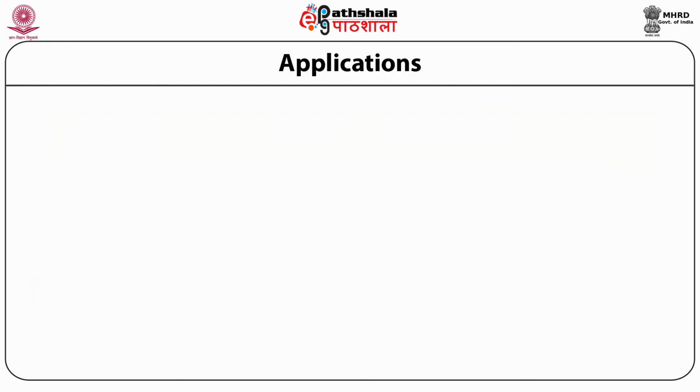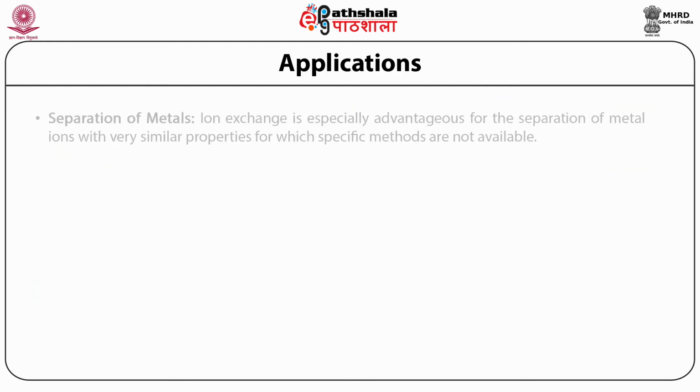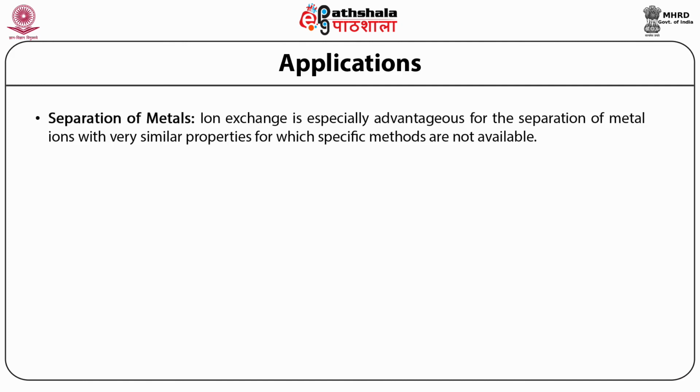Next, a very important application is the separation of metals. Ion exchange is especially advantageous for the separation of metal ions with very similar properties for which specific methods are not available.